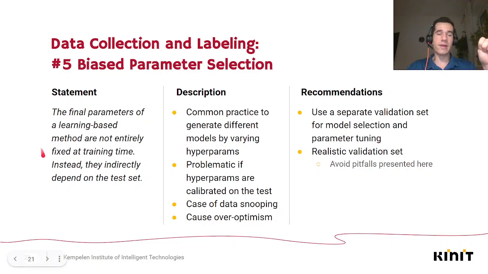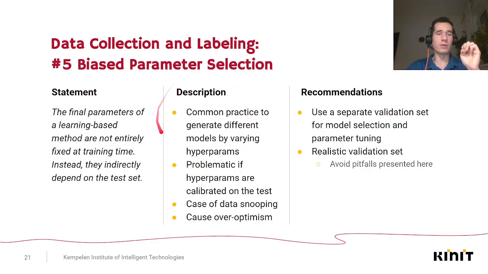Instead, they directly depend on the test set. This happens when we screw up splitting the data into train and test, and we do not use a validation set, as we will see on the next slide.